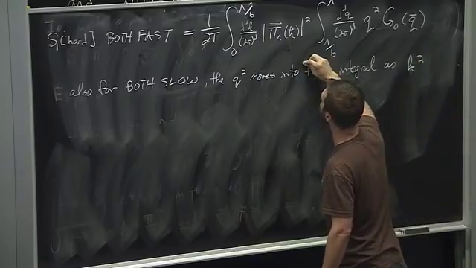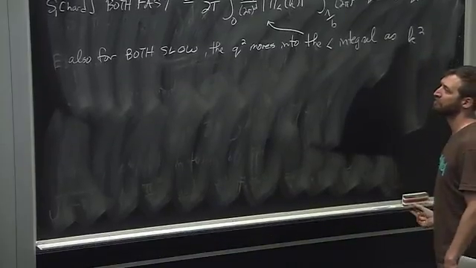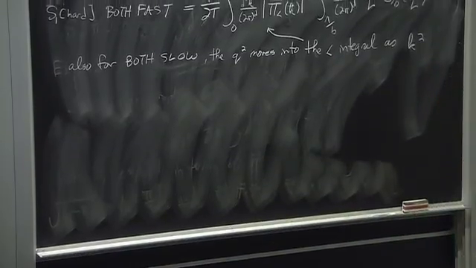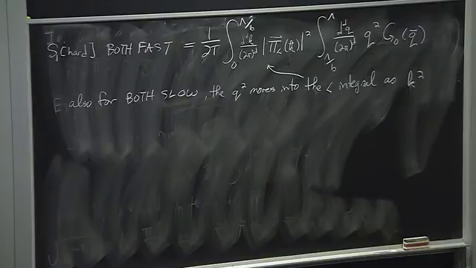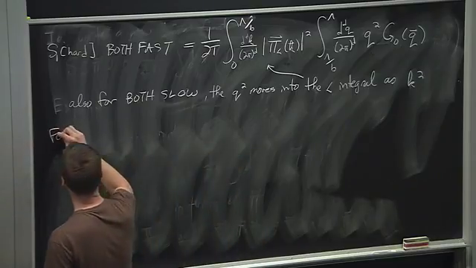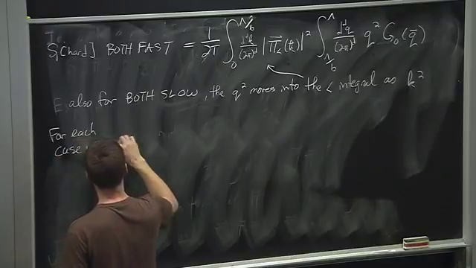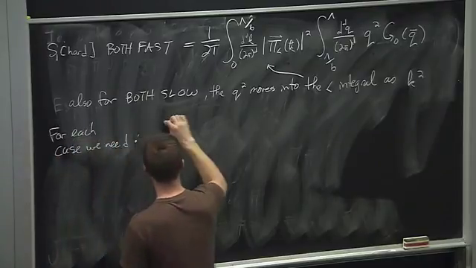So it just moves into here. So you see, you can imagine doing this, right? It makes sense. We need those integrals. So for each case, we need an integral. So let me do the fast case first.